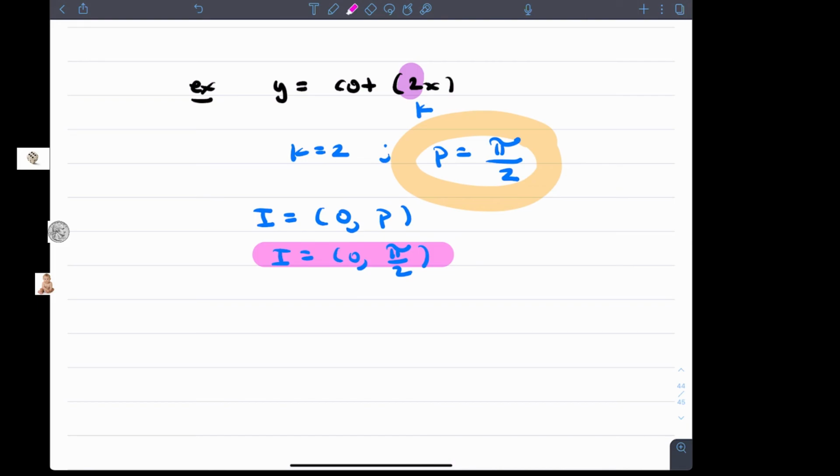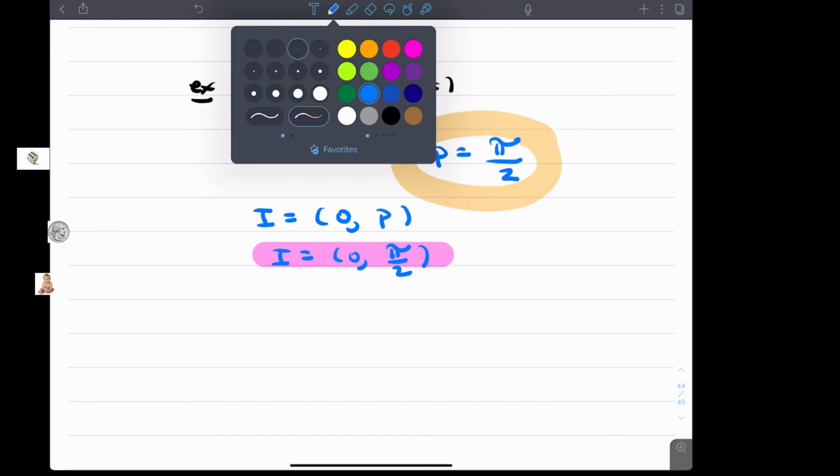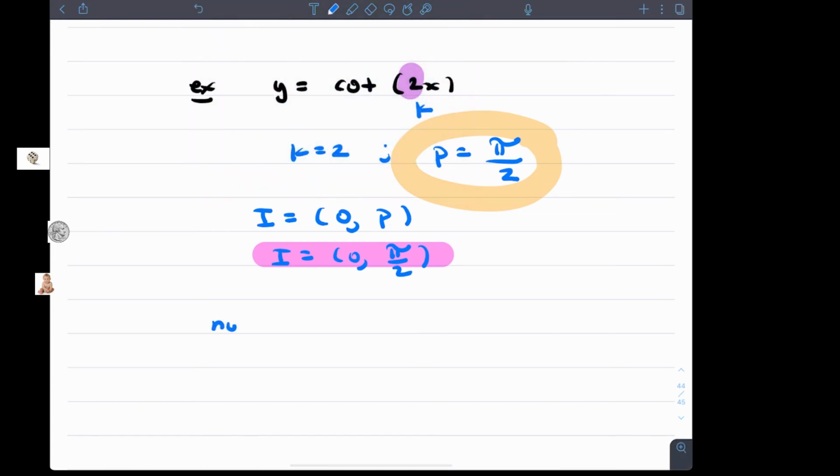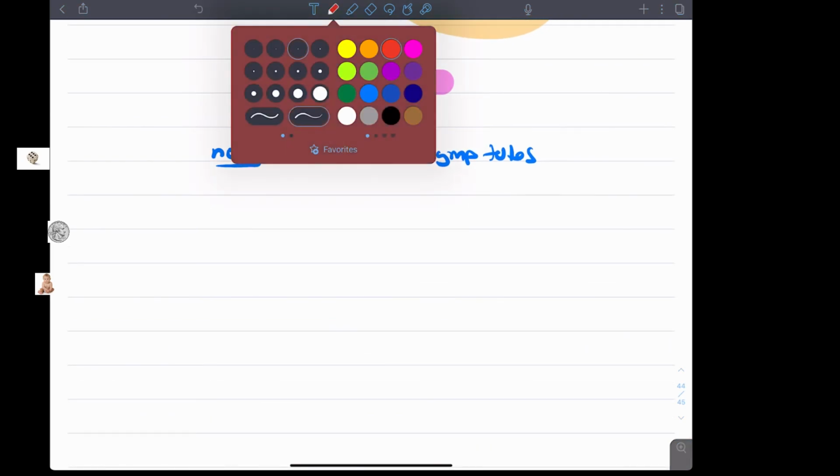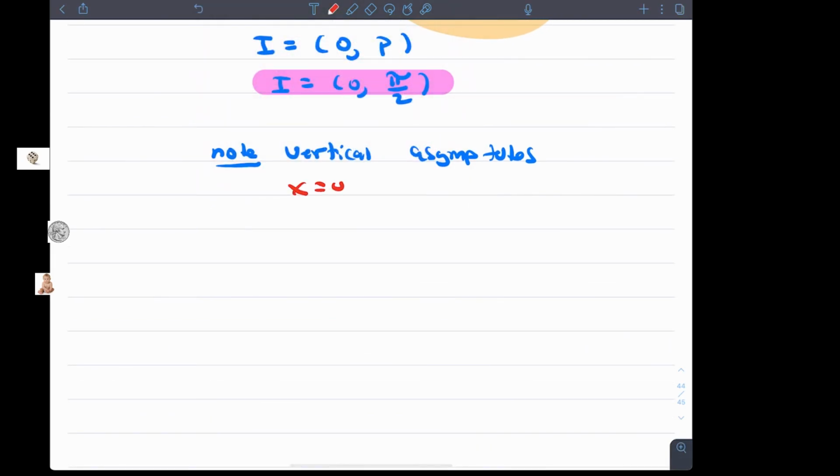And then in some ways, at this point, we could just say, since we're going to sketch a curve here, let's note the what? Vertical asymptotes. Vertical asymptotes happen at x is what? 0, and x is pi over 2.